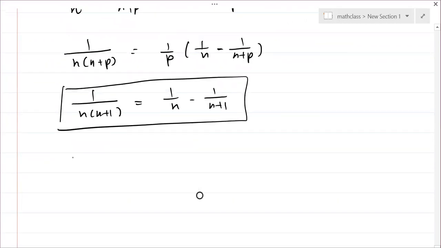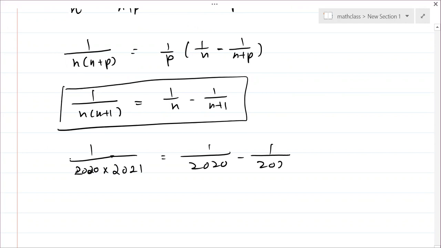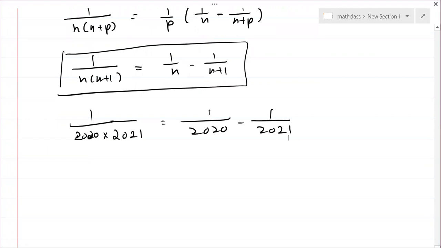So if you are given 2020 times 2021, you can change it to 1 over 2020 minus 1 over 2021. Okay, so you got this idea. So let's do the following problem.